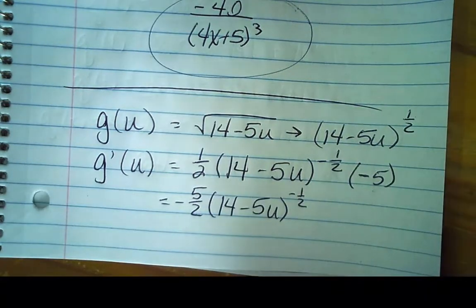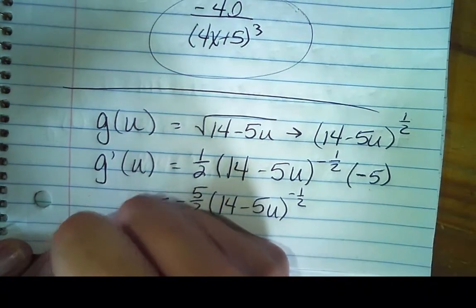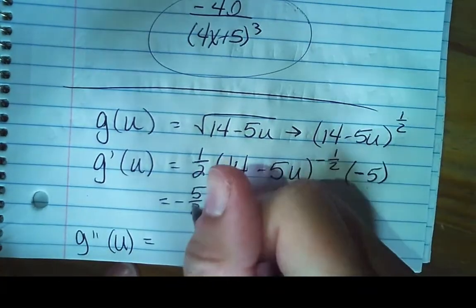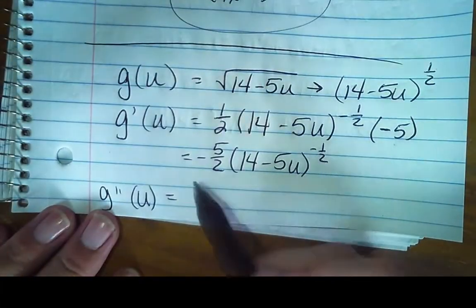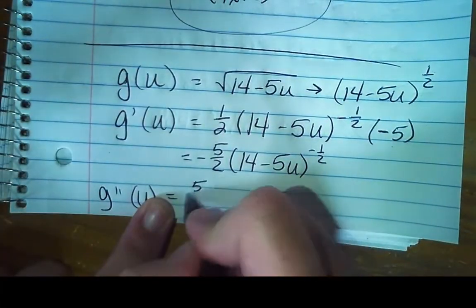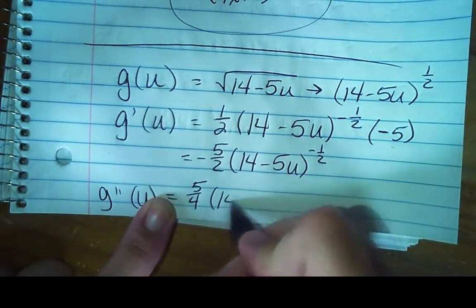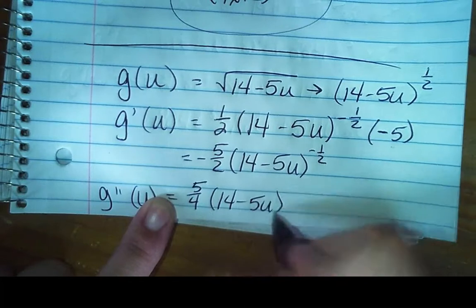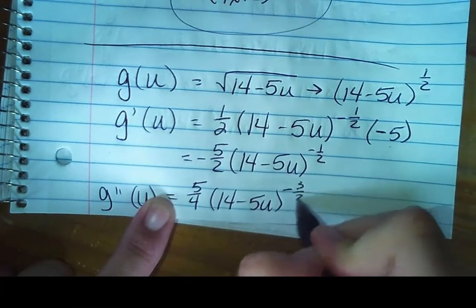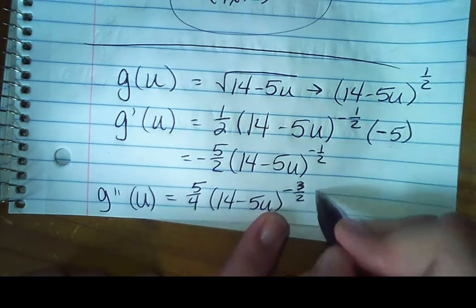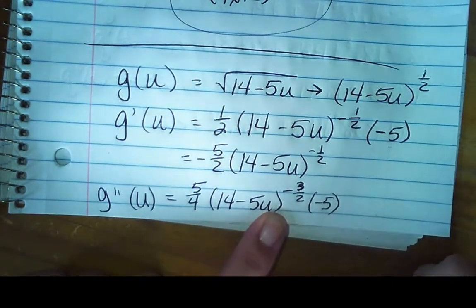So now I can take a second derivative. Drop your negative 1/2 out front and watch your signs. When I multiply that, I get a positive 5/4, 14 minus 5u to the negative 3/2 times the derivative of the inside.